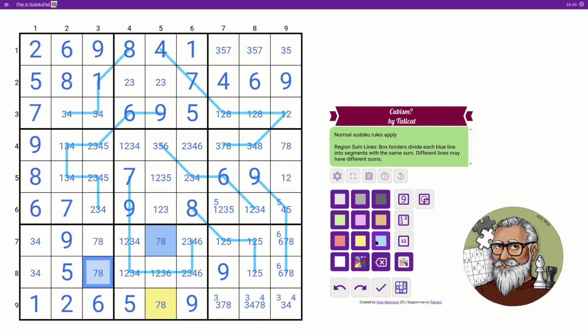So I guess just... this one is yellow. That's interesting. And it was obvious, I think. I just didn't see it. Yeah. I mean, wow.